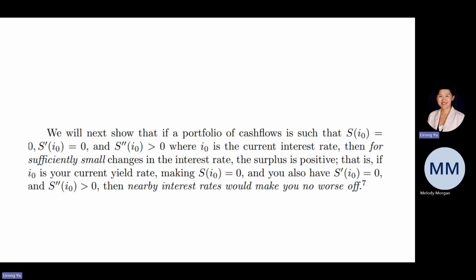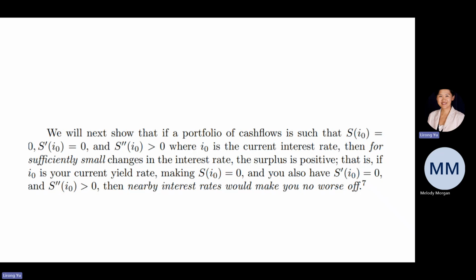That is matching the duration. So S equal to 0 matches the present values of asset and liability, and S prime equal to 0 matches the duration of the asset and the duration of the liability.